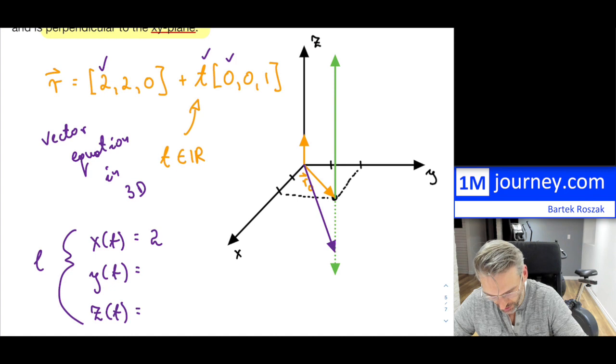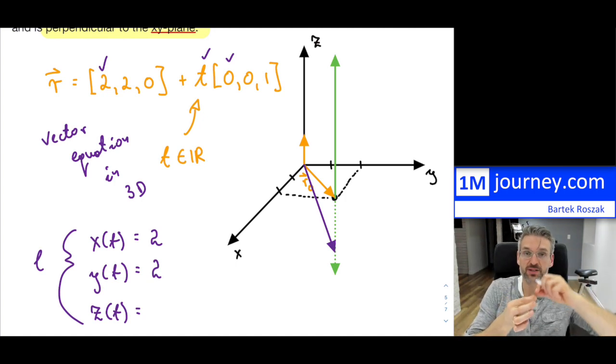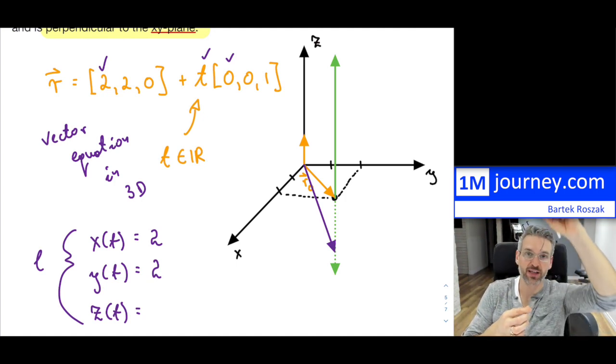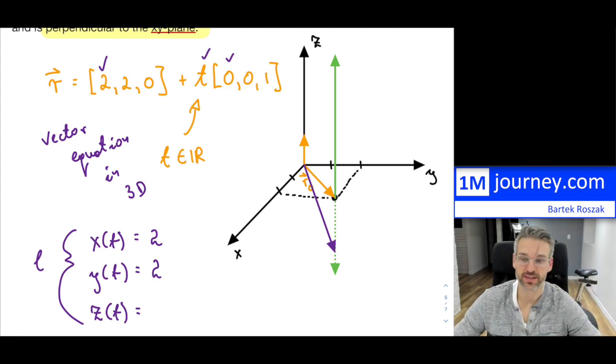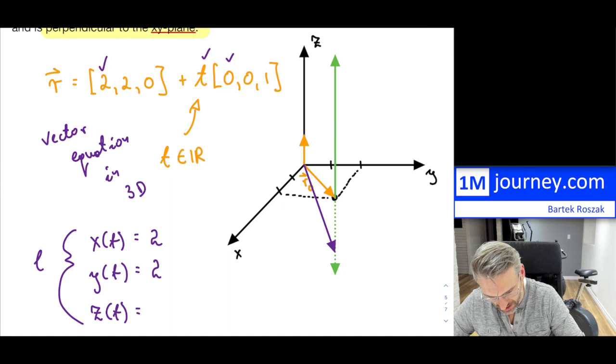It's going to be just 2 right here plus the t times 0, which is again going to be just 2. So that makes sense because we are actually parallel to the z-axis. And then as you're going through, your last component would be just 0 plus the t times 1, which is just going to be simply t.